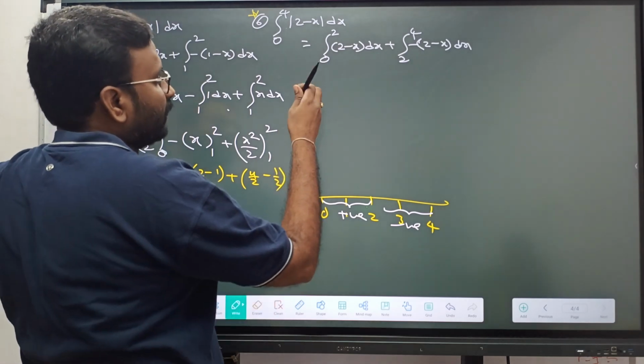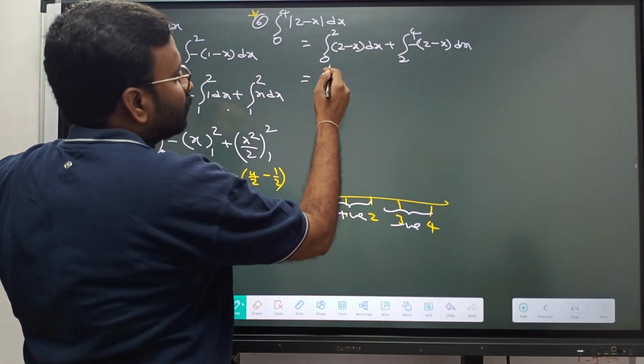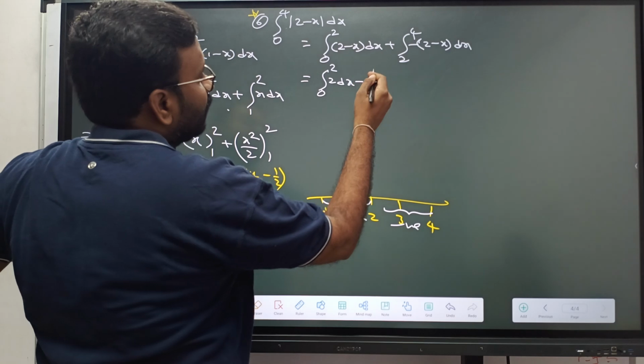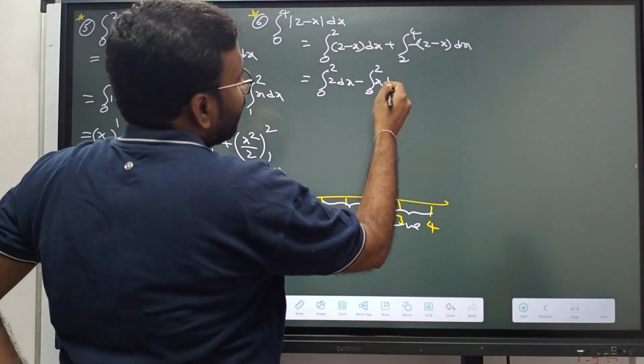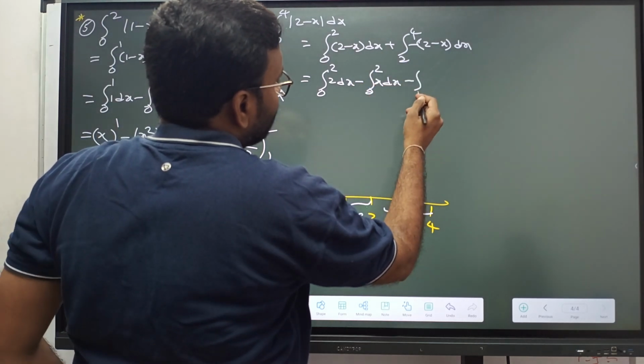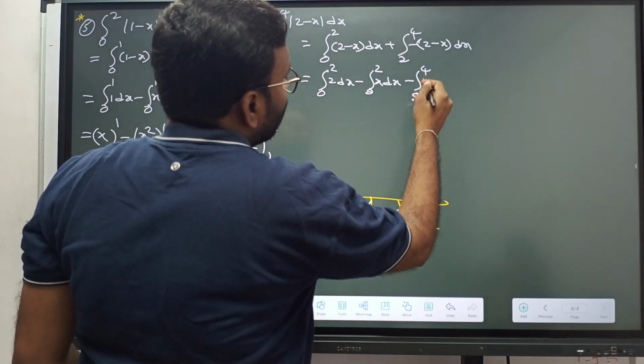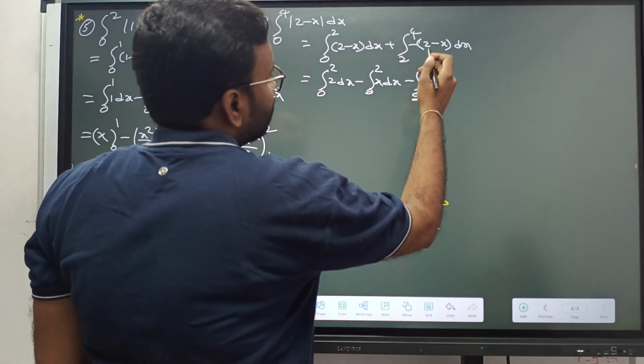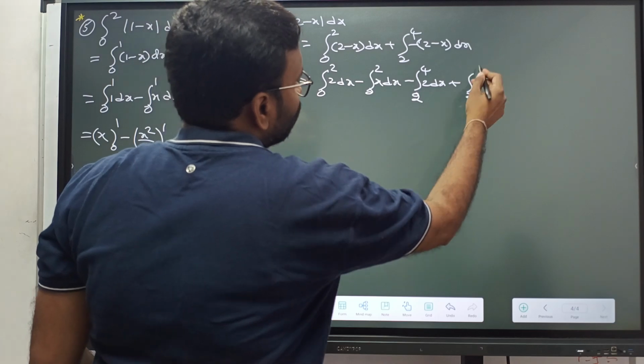Now separate the integration: integral 0 to 2 of 2 dx, minus integral 0 to 2 of x dx, minus integral 2 to 4 of 2 dx, plus integral 2 to 4 of x dx.